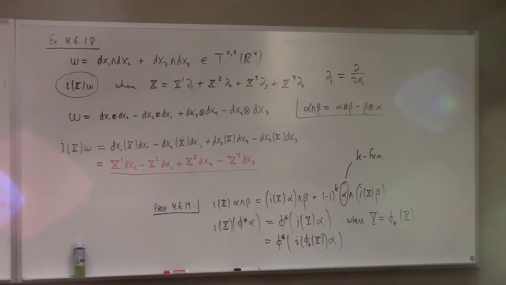Now, let me just get straight to how this looks. Properties: it's linear, you can pull out constants. 4.73, you've got this, the Lie derivative at X of the tensor product of two tensors.